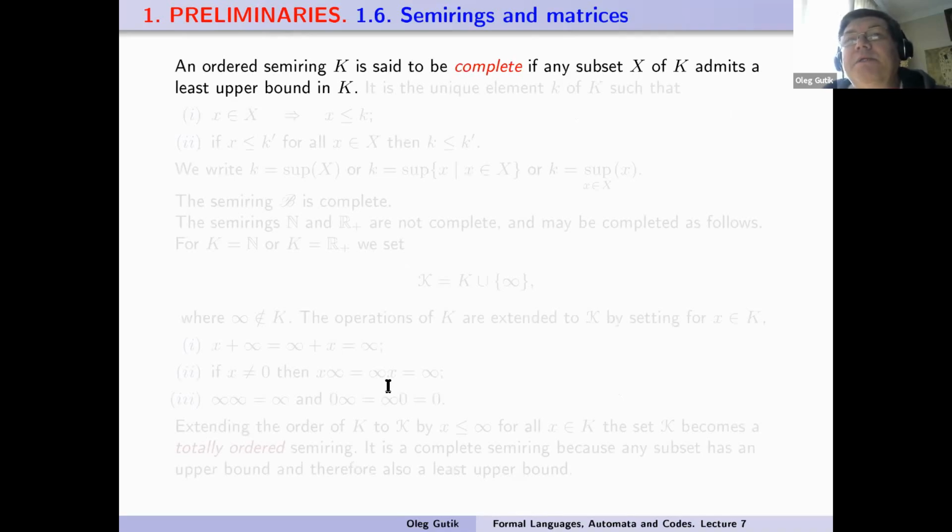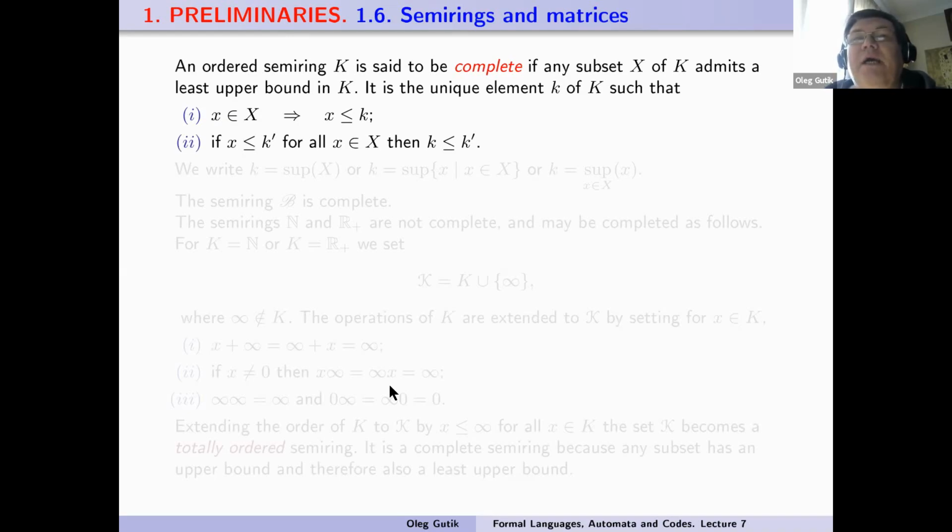Another semiring K is said to be complete if any subset X of K admits a least upper bound in K. It is a unique element k of K such that the following conditions hold. The first condition: if x belongs to X, then x is less or equal k.